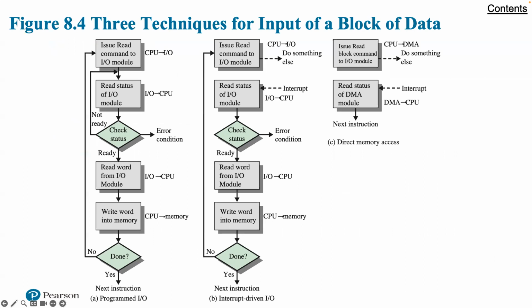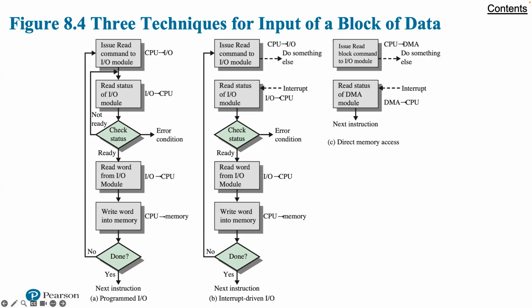So here, figure 8.4, we see three techniques for input of a block of data. It gives an example of the use of programmed I/O to read in a block of data from a peripheral device, for example, a record from tape, into memory. Data are read in one word, for example, 16 bits at a time.